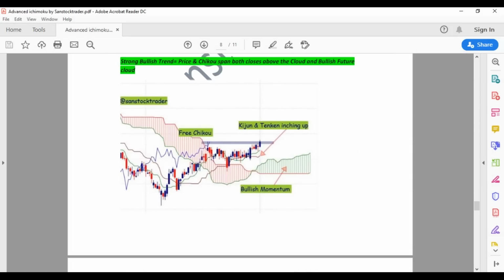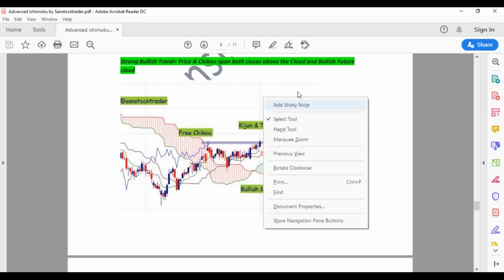See, this is the picture in front of us. I think this is a chart of Tech Mahindra. I traded this chart and I posted it on Twitter as well, so I remember this chart.